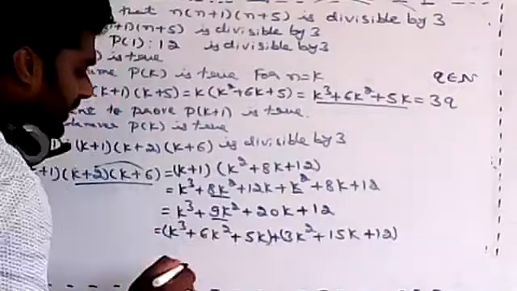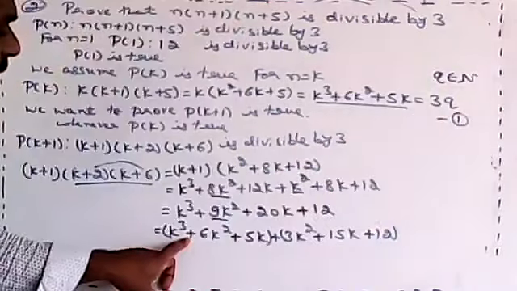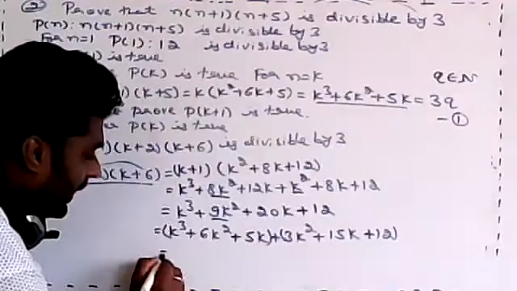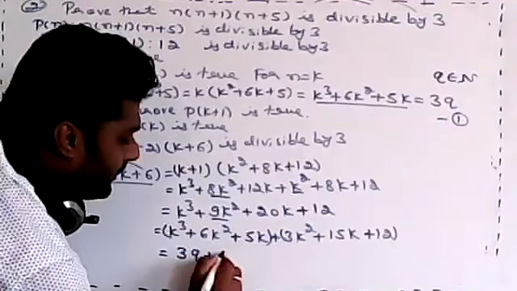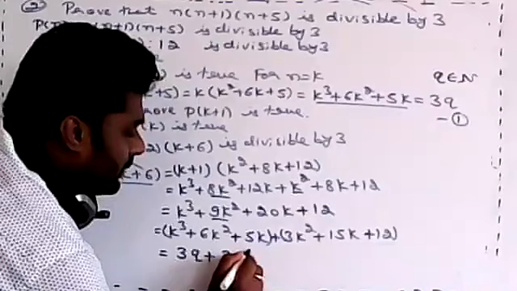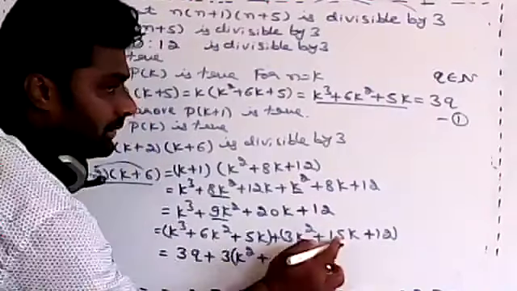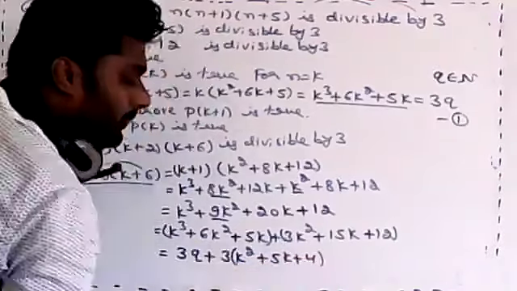Correct? So we know that from equation 1, what is k cube plus 6k square plus 5k? That is 3 cube. So we can write this one as 3 cube plus, in this what will we take common? 3k square. Can I take 3 common? K square plus 5k plus 4.